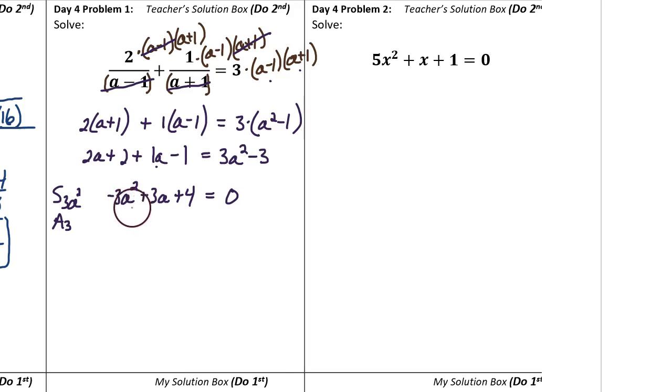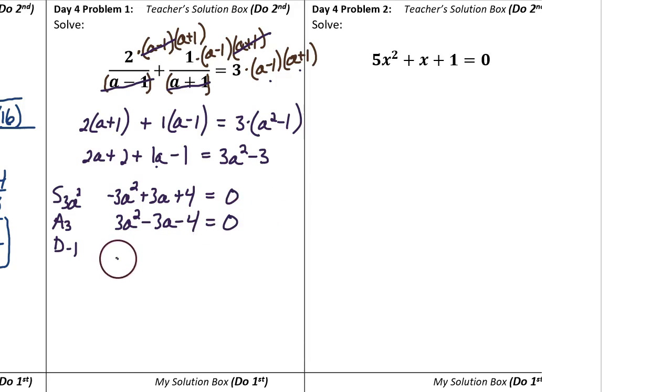To solve this quadratic equation, we could use the quadratic formula. But when I do the quadratic formula, I prefer the leading coefficient to be positive. So let's divide all terms by negative 1, making 3a squared minus 3a minus 4 is equal to 0.